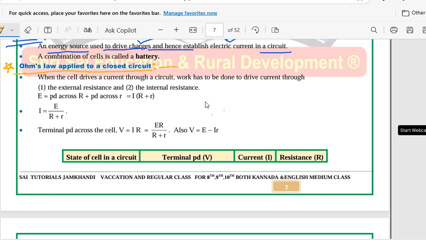So consider a cell of EMF E. This is the battery, and this is the resistance, and this is the key.